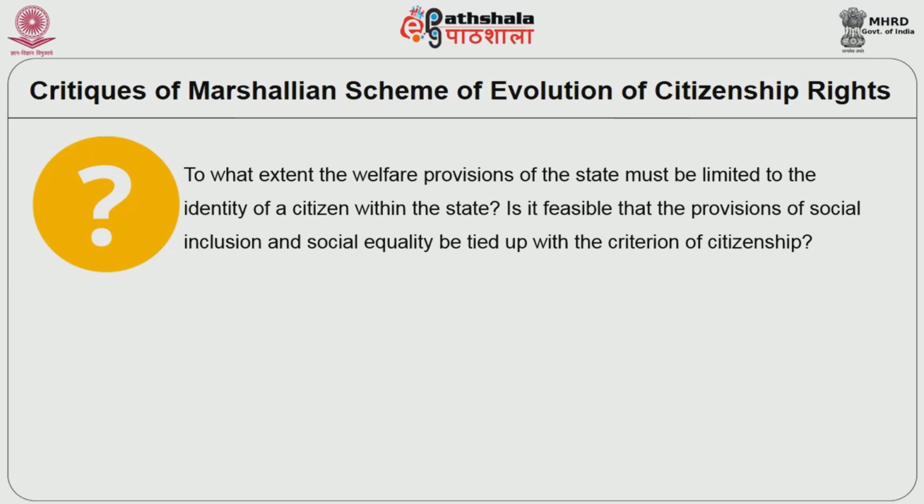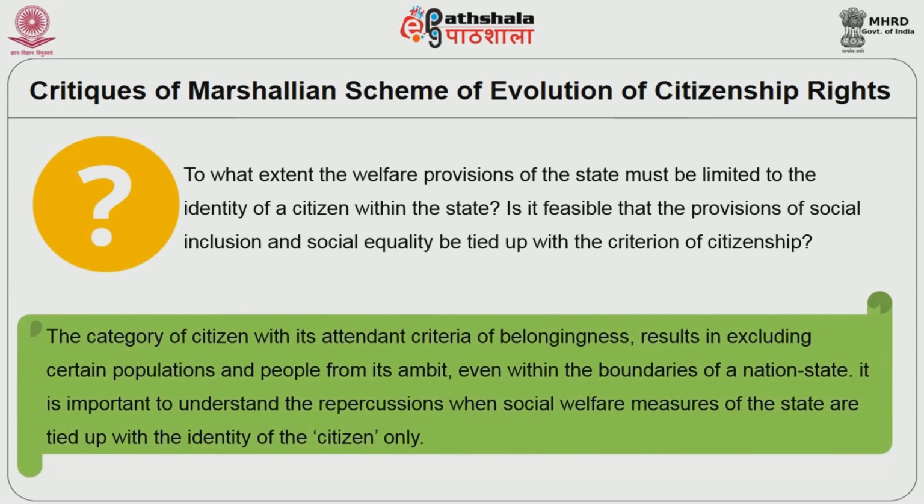Is it feasible that the provisions of social inclusion and social equality be tied up with the criteria of citizenship? As said before, the category of citizen with its attendant criteria of belongingness results in excluding certain populations and people from its ambit, even within the boundaries of a nation state. It is important to understand the repercussions when social welfare measures of the state are tied up with the identity of the citizen only.